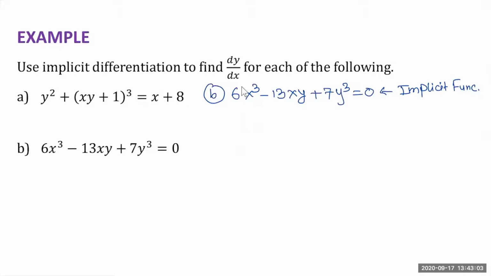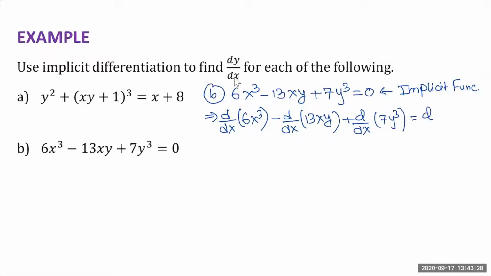That means we have to differentiate each term with respect to x. So it will be d over dx of 6x cubed minus d over dx of 13xy plus d over dx, that is derivative with respect to x, of 7y cubed equal to d over dx of 0.